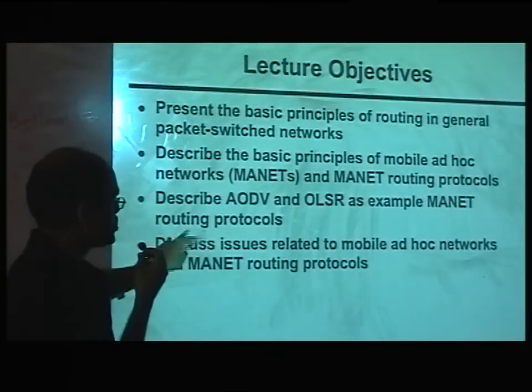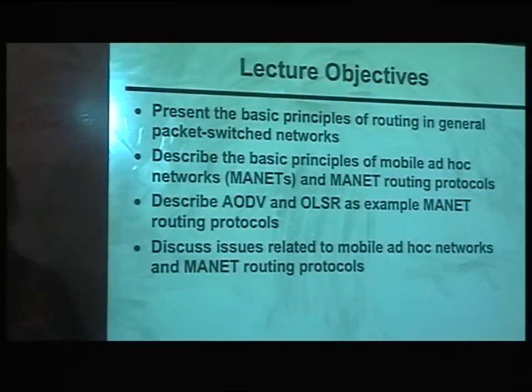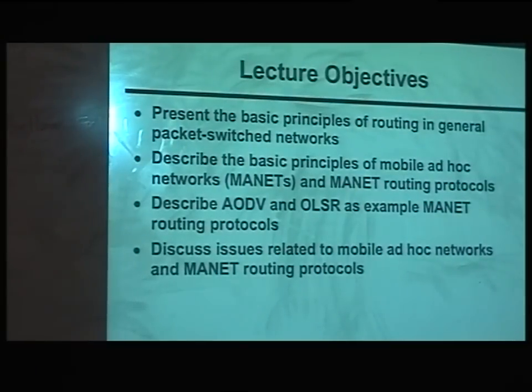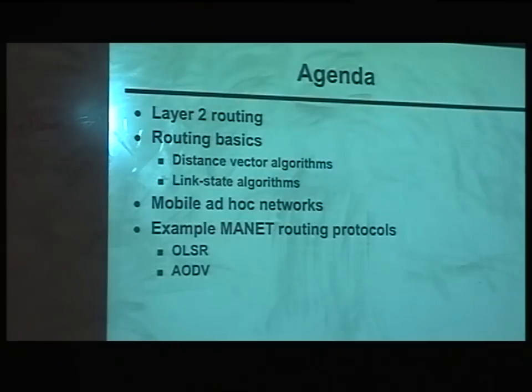Then we'll see all the issues related to these routing protocols. The routing algorithms might look very simple to you, but the problem was very hard, and it took a lot of research to come up with the solution. Once you understand the solution, you also understand the complexity. So we go slowly.